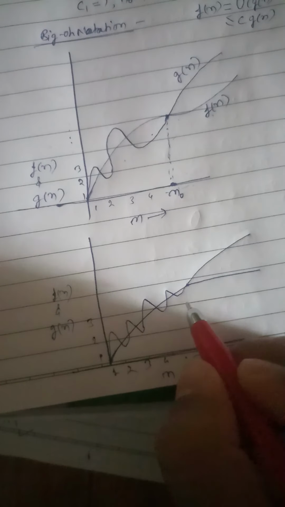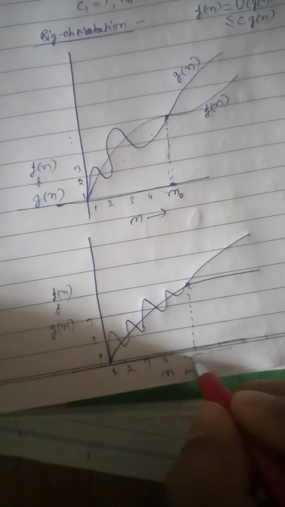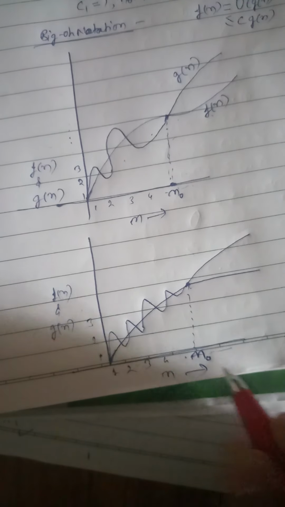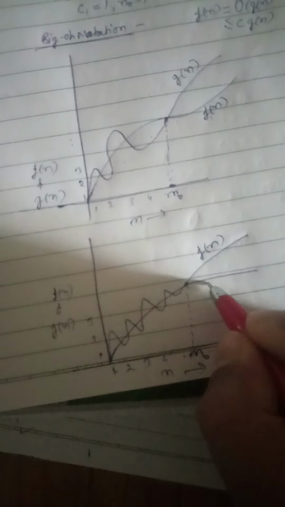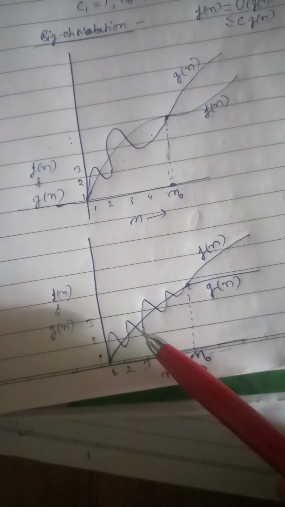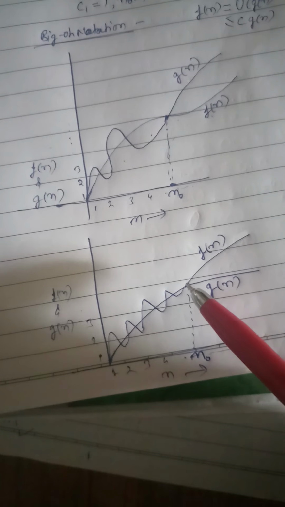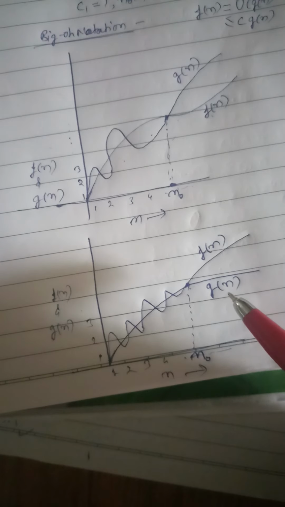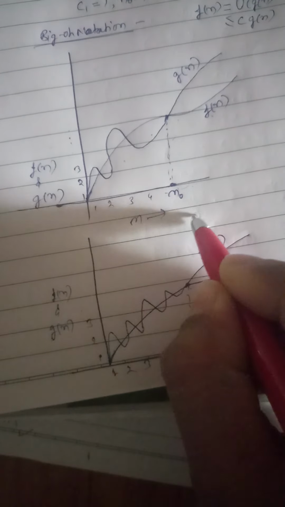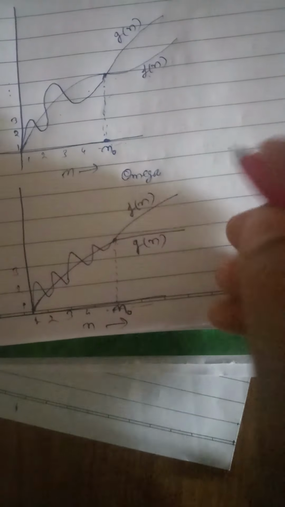At a particular point, which is n naught, f(n) will be greater and g(n) will be less. Before that n naught, sometimes f(n) will be greater, sometimes g(n), but after that point, in omega, f(n) will always be greater and g(n) will always be less. So this is the representation of omega notation.